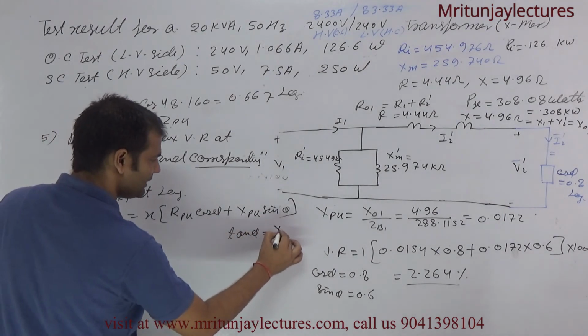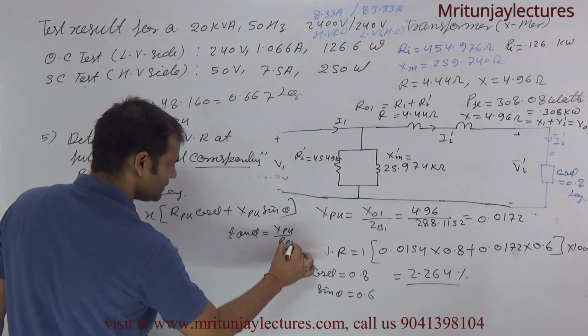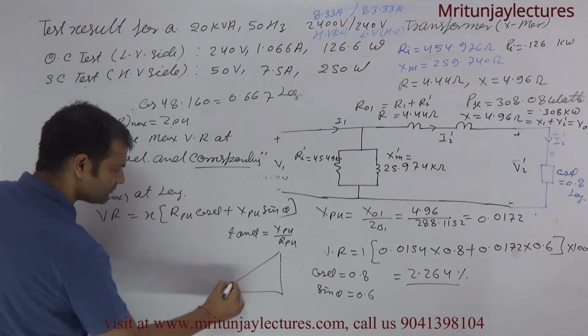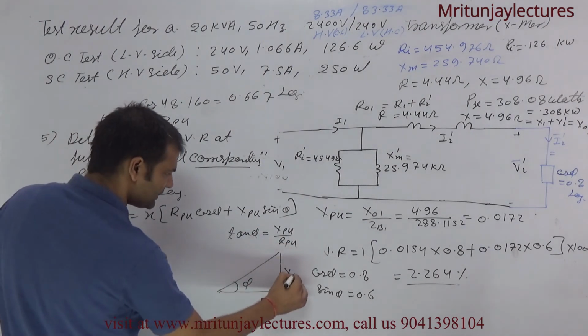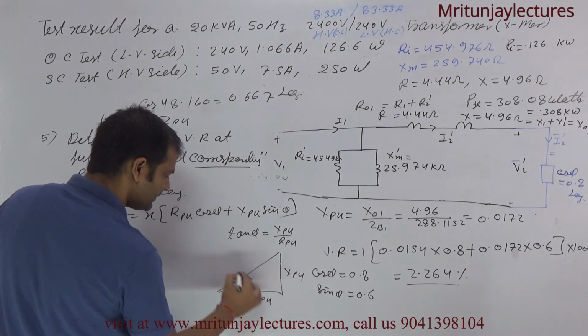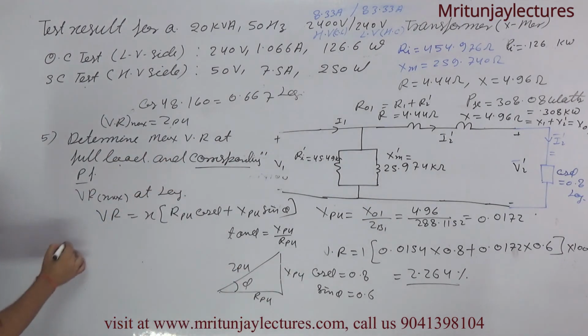Tan phi is equal to XPU divided by RPU, so the triangle has sides XPU and RPU, and hypotenuse ZPU.